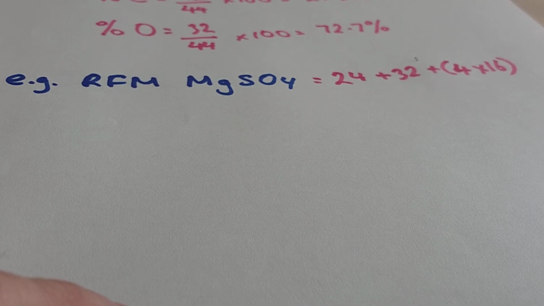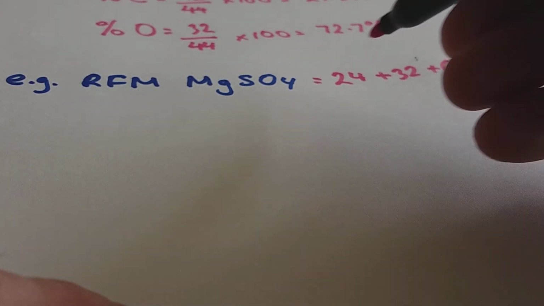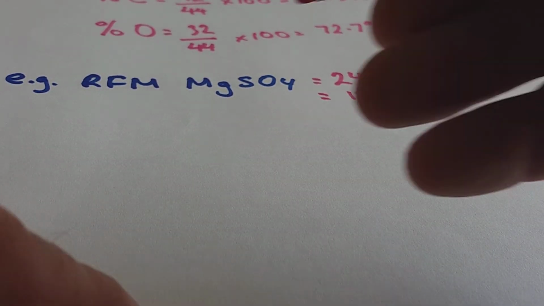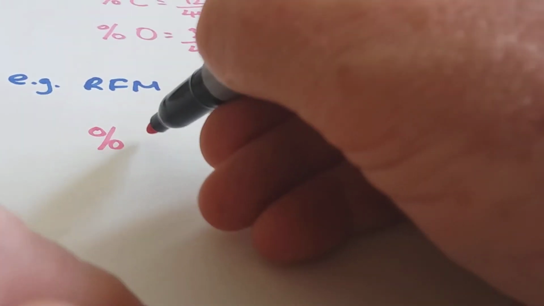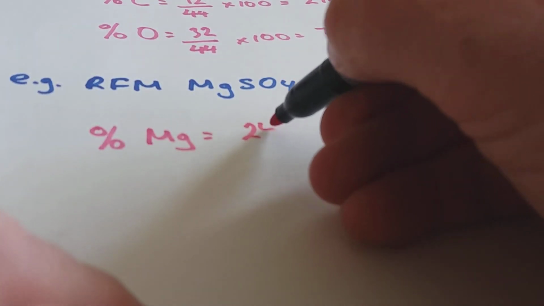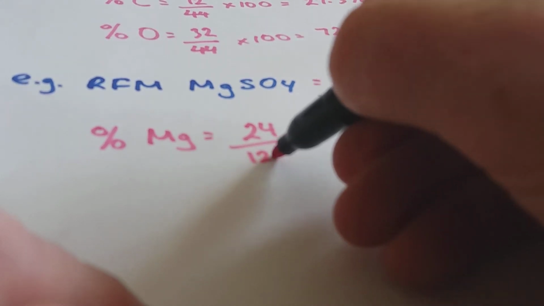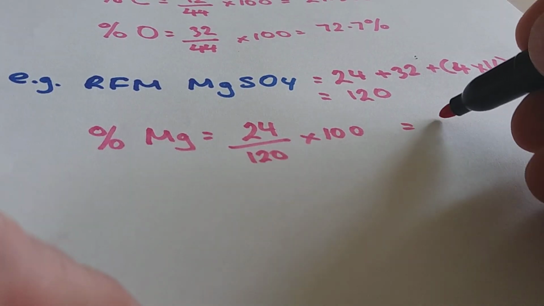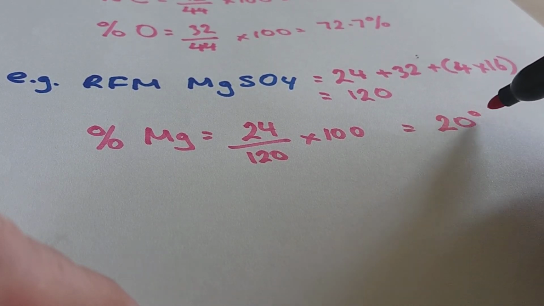So, 24 plus 32 plus 64 equals 120. So the percentage magnesium will equal 24 divided by 120 times 100. And when you work that out, that comes out as 20%.